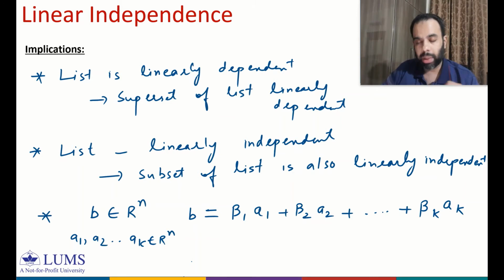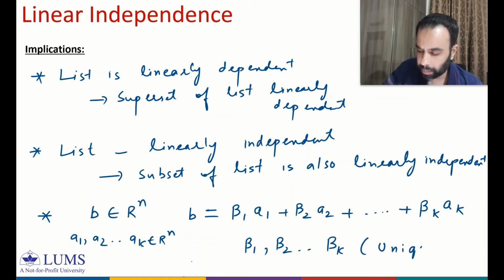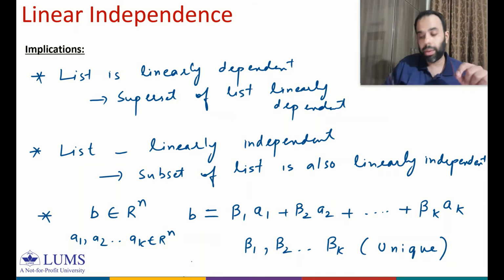If b can be represented as a linear combination of linearly independent vectors, then that representation is unique, right? Now I'm going to use this unique representation using linearly independent vectors to introduce the concept of bases.